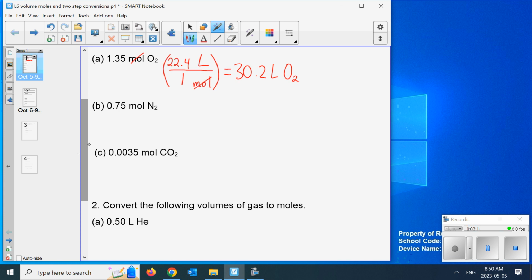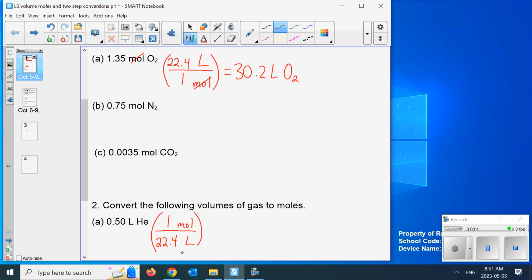It's the same fact you're using, but we use the units to decide which way we do things, whether we multiply or divide. There's no formulas needed, as long as you have the correct units for which ones you want to get rid of. So I've got liters on the top, 0.50 liters. I want to get rid of liters, so I'm going to put L on the bottom. What you want to keep is put on the top, moles. And we know the fact that 1 mole is 22.4.